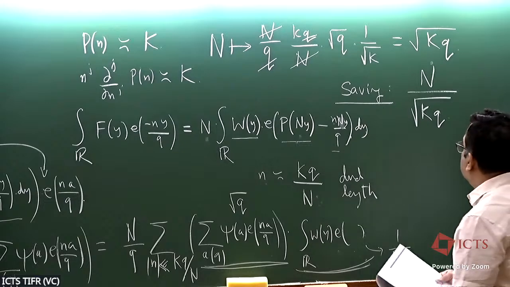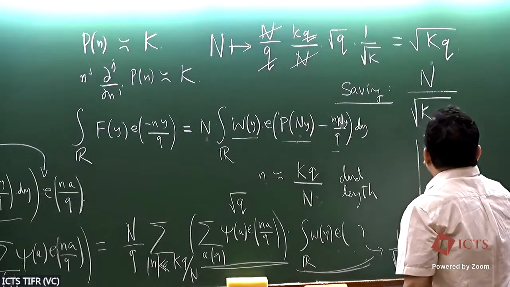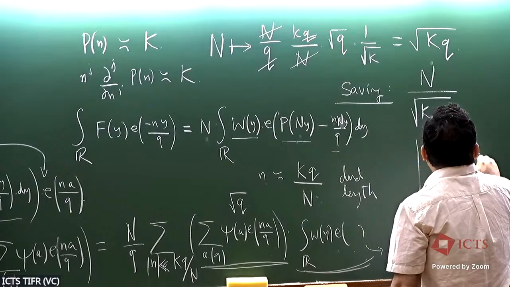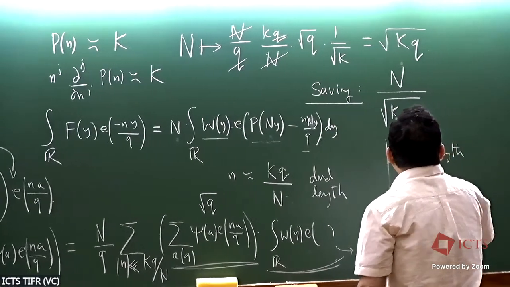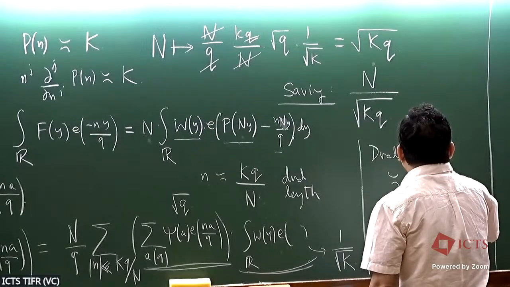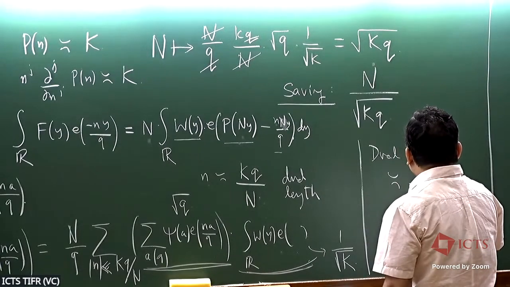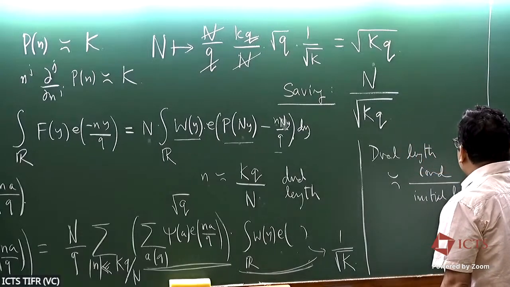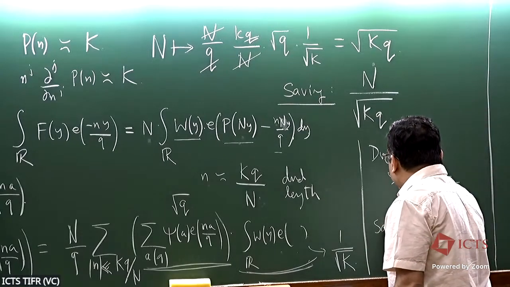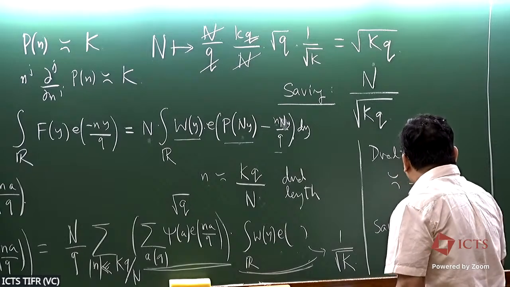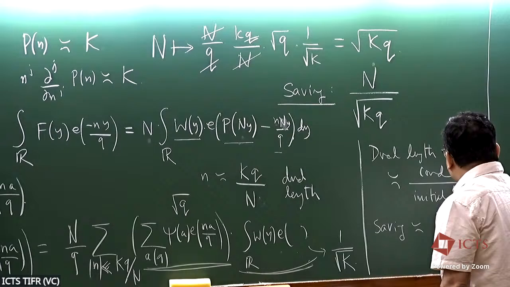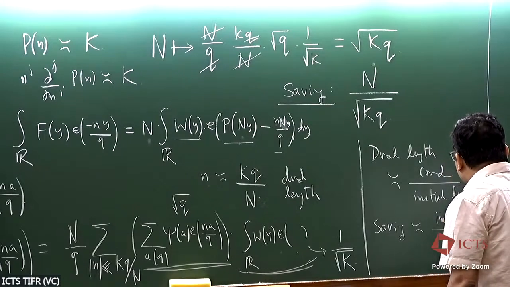Okay? So that's something that we should remember here. So the dual length is conductor by initial length, and saving is initial length by square root of the conductor.